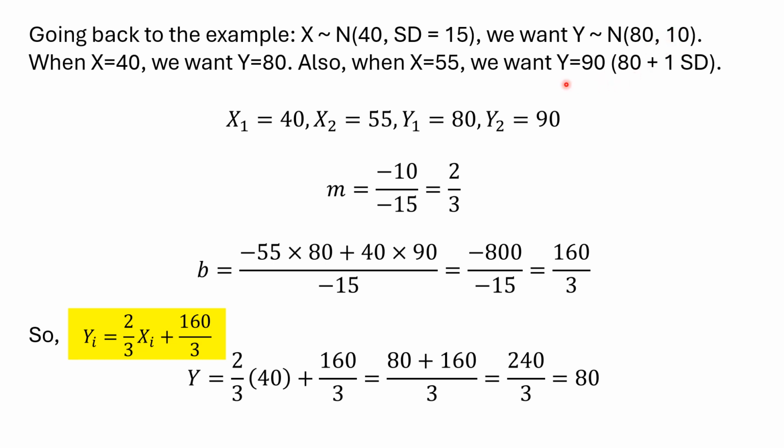So y is equal to 90 when x is equal to 55. So really, this is all it is: just these two points, x1 and x2, and y1 and y2. Plug them into the formulas you saw previously, and you get your values of m and b, and then that becomes the function in the yellow rectangle here.